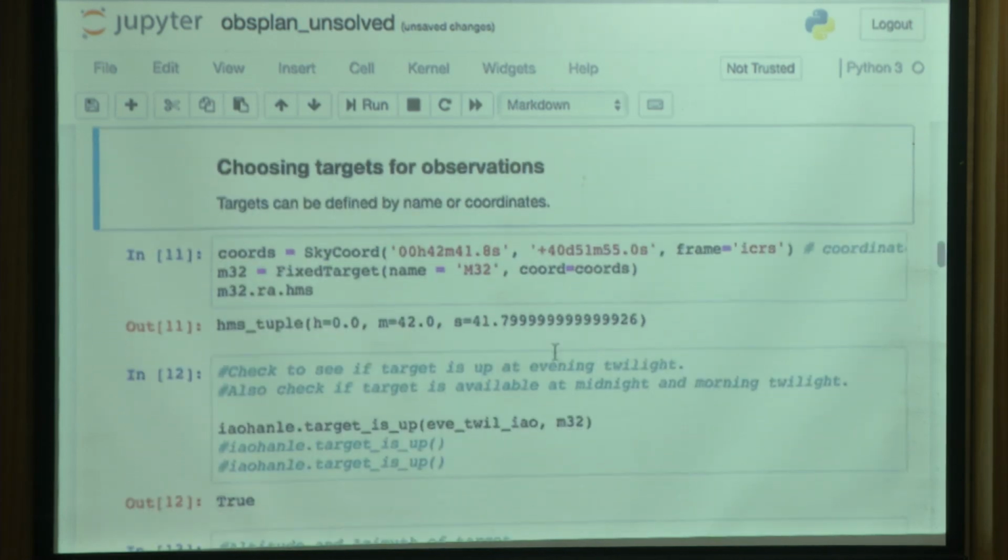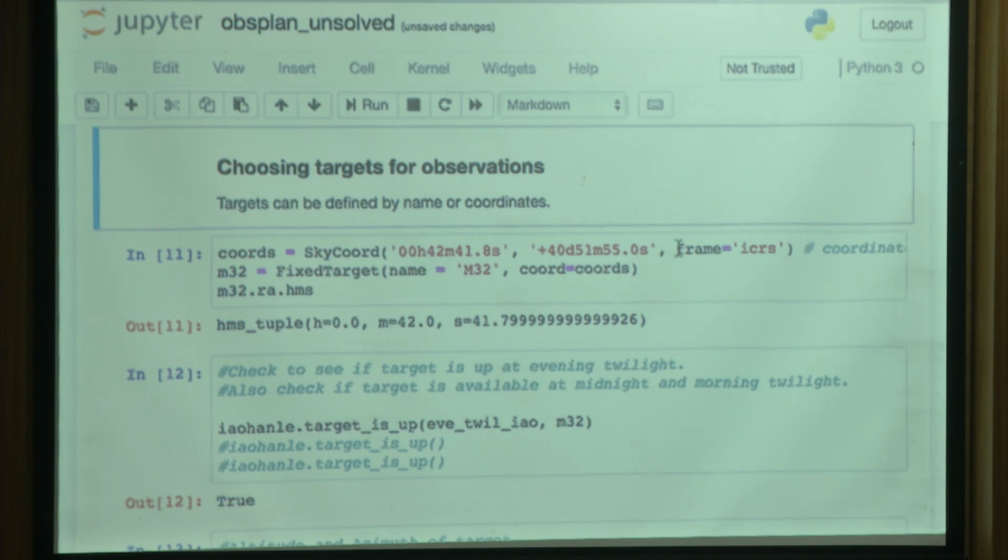So now let's come to choosing the targets for observations. There are different ways to define your sources, the targets that you want to observe. You can define the coordinates on your own using the SkyCoord.